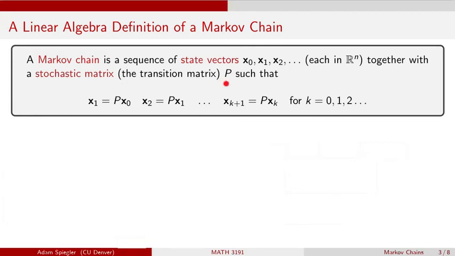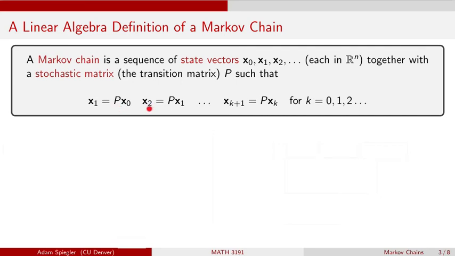P contains all of the probabilities: if I know what the current state is today, what are the probabilities that we're going to be in state 1, 2, 3, 4, etc. tomorrow. In order to figure out what the state is at the next timestamp, this is an iterative process. All I need to know is the current state and the transition matrix. I get the next state by multiplying the current state vector by the transition matrix.